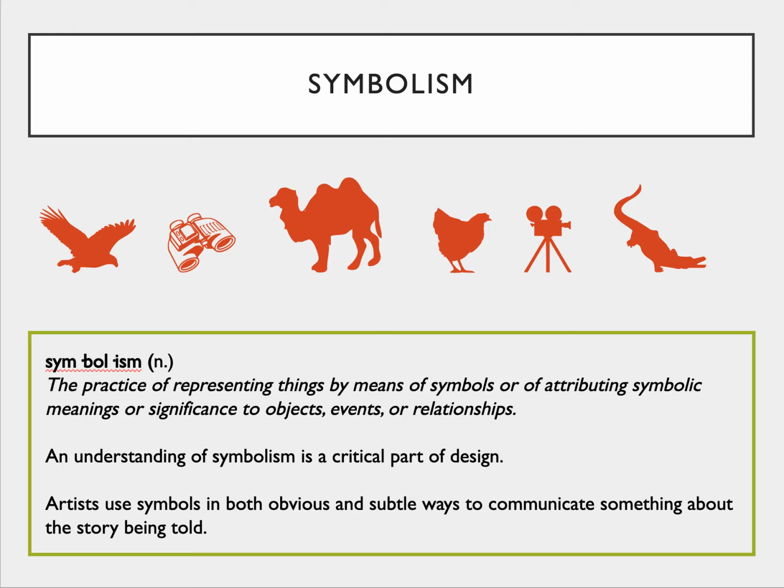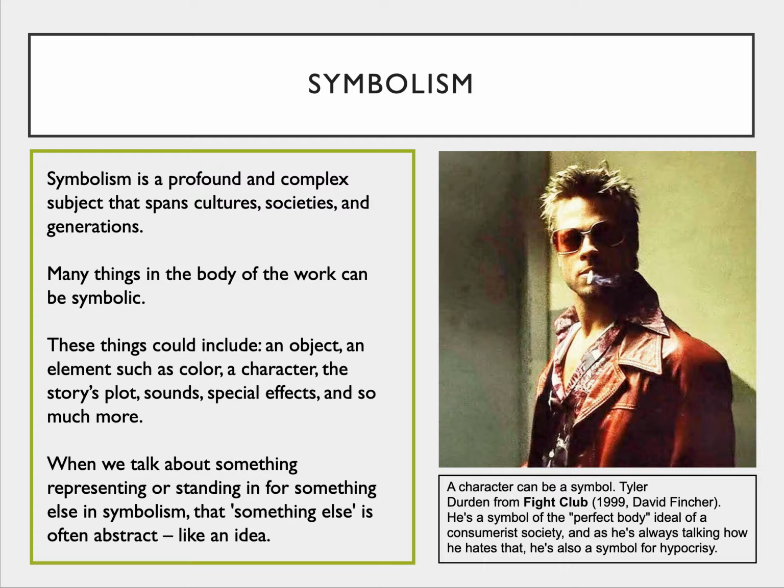The reason that symbolism is such a critical part of design is that we use symbols to communicate something about the story being told, for a lot of reasons. Let's explore that as we move further through.